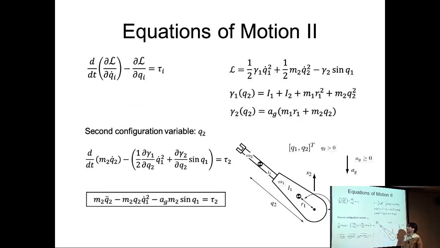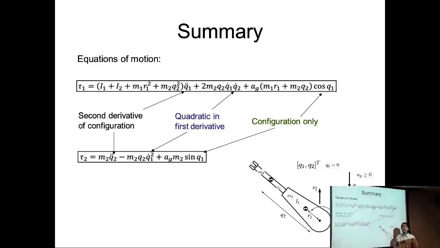For the second generalized coordinate, we play the same game, and remember, we may have an opportunity to use the chain rule to break out a d gamma 2 dQ2 when coming up with the second Lagrange's equation. So now let's look at the two equations together.